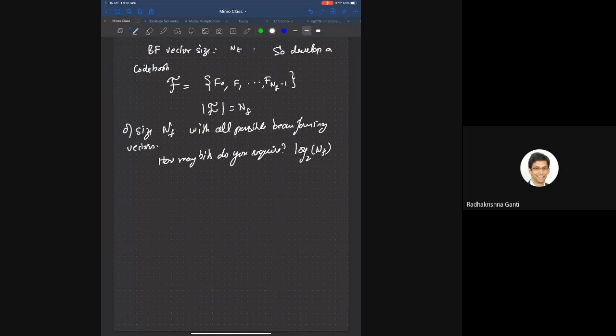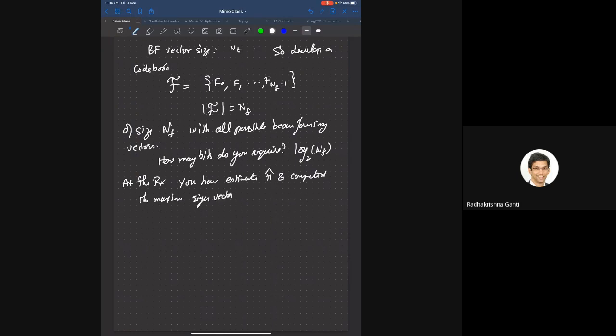Good. Now the question is, at the receiver, you have estimated H hat and computed the maximum eigenvector.